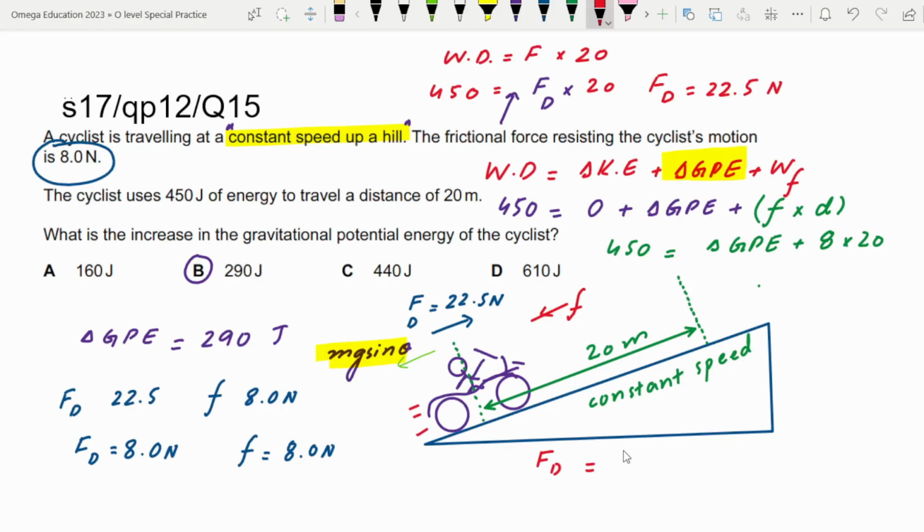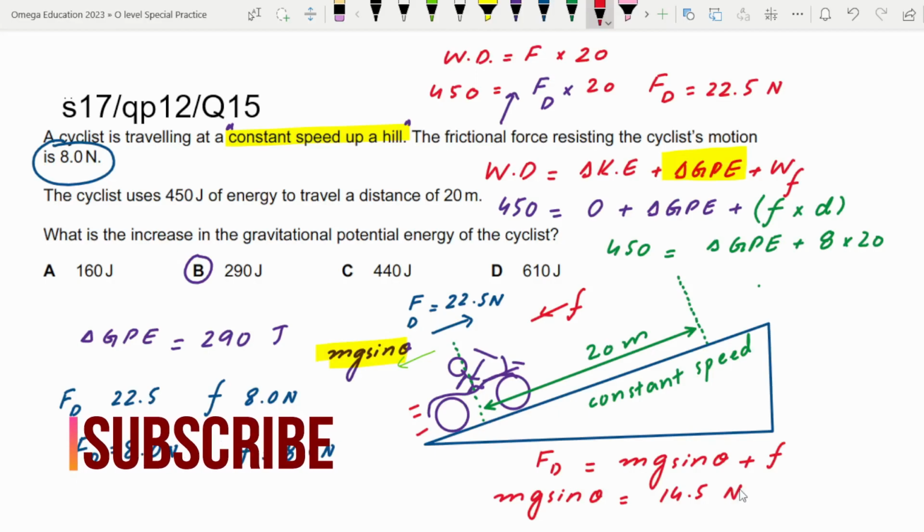Now can you find me the value of mg sine theta from here? 14.5, 14 and a half Newton. So this is the force that was trying to drag the vehicle down the slope. And that's why the cyclist had to apply a force greater than the friction, because it's not only friction that is going against us, it's mg sine theta as well.